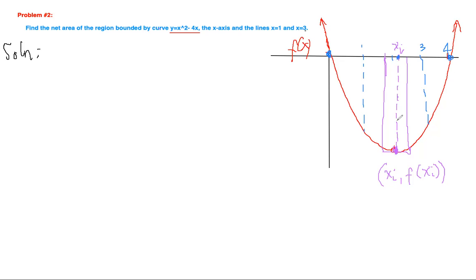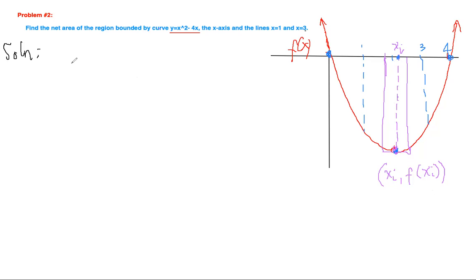This is the point on the graph: x sub i, and the y coordinate is f of x sub i. We will use this rectangular strip to determine the area of the region bounded by the curves using Riemann sums.